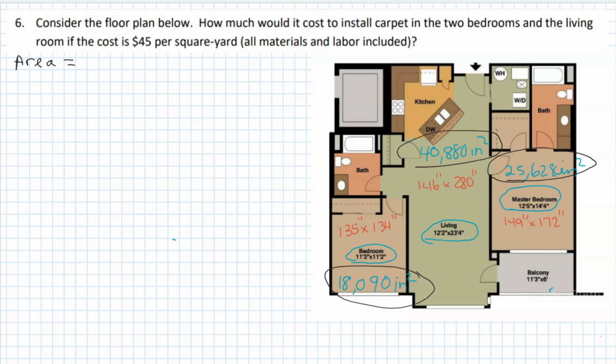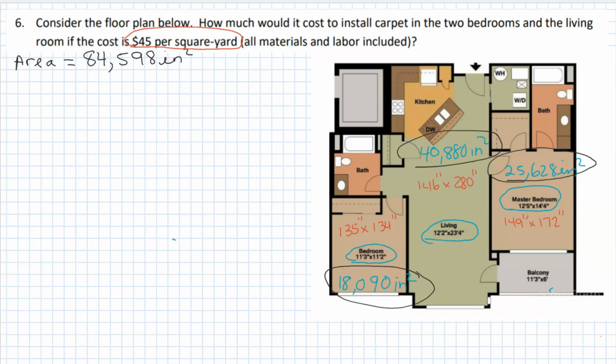So let's go and type that into our calculator. I have 84598. The unit is square inches. Okay, now how is the carpeting company charging you?